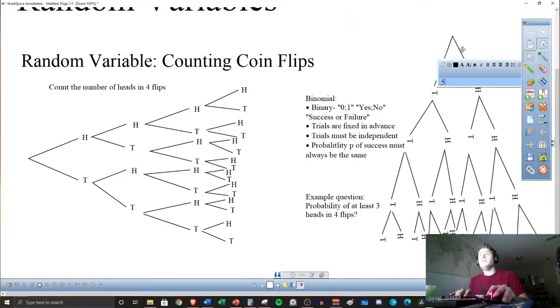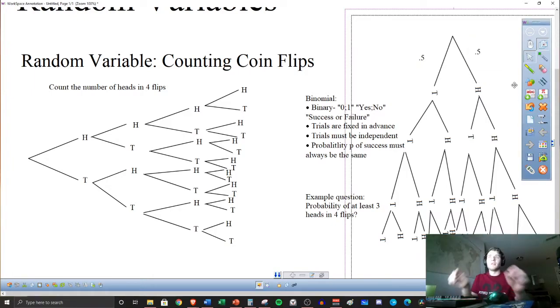Now, if the probability of success and failure is 50-50, you do expect to get a normal distribution from these binomial random variables. Okay? It's 50-50 all the way down. But not all of our random variables are going to look like that. Okay? But this is sort of our introduction into random variables. So let's talk a little bit about a random variable.